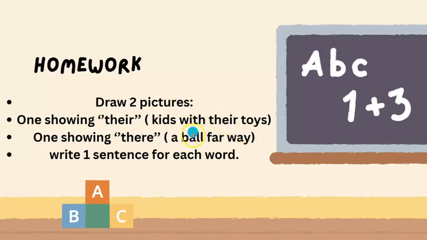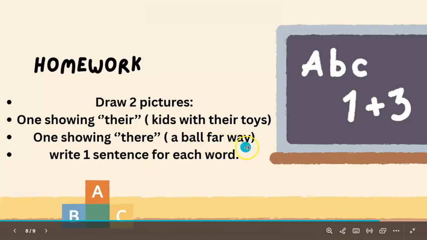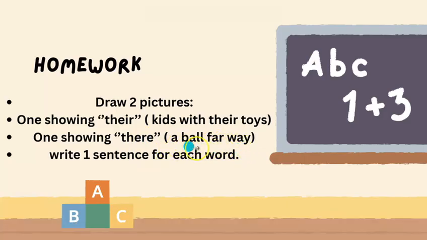You can decide to be more creative, think out of the box, be someone that likes to do beautiful things out of what is given. So I just gave you clues. Kids with the toys, you can decide to do something more beautiful. One showing there, a ball far away. You can decide to draw a mother standing far away from the child, or stuff like that.